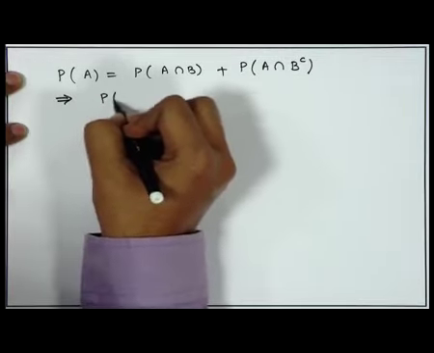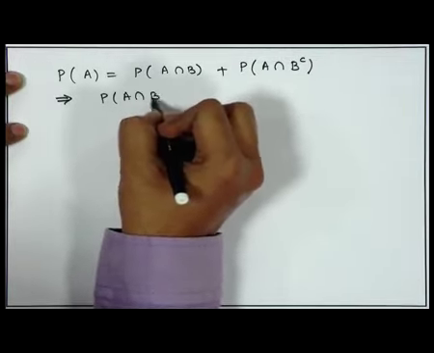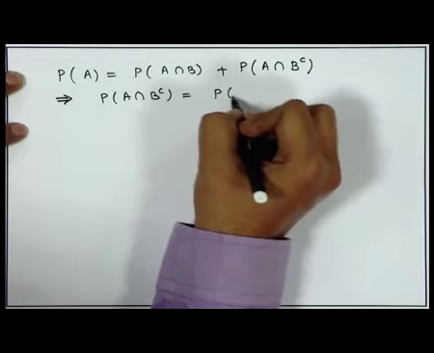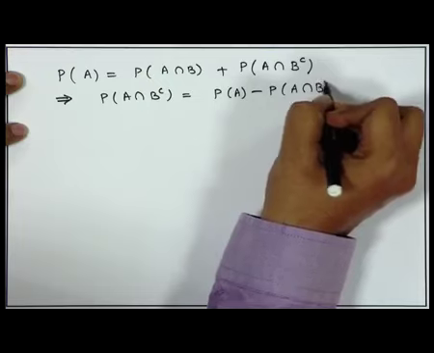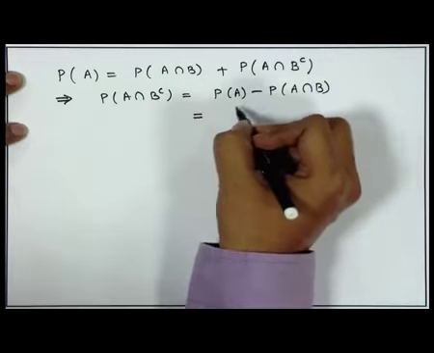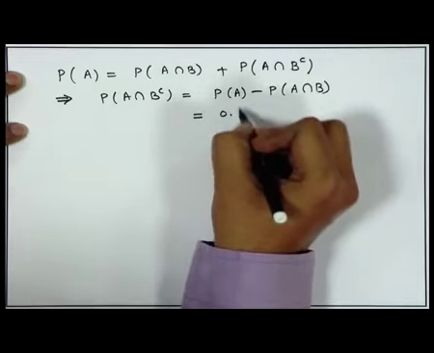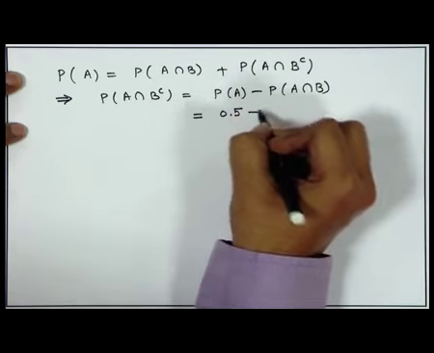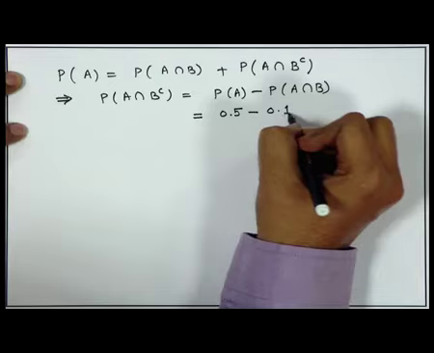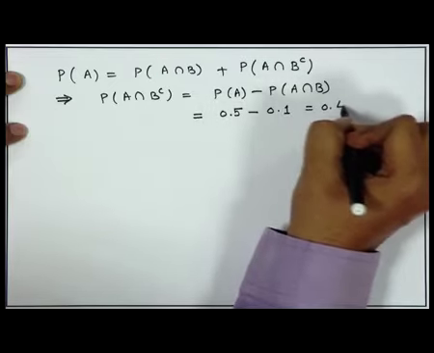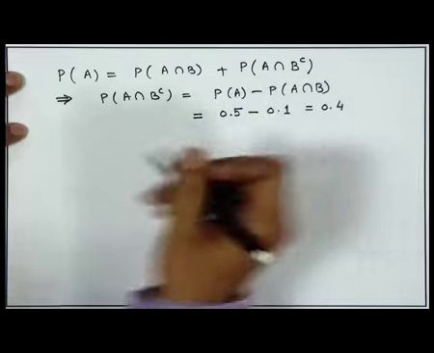That is, the probability of A intersection B complement is equal to probability of A minus probability of A intersection B. Now, in this one you can see 0.5 is the probability of A and probability of A intersection B we calculated to be 0.1. So, this is equal to 0.4.